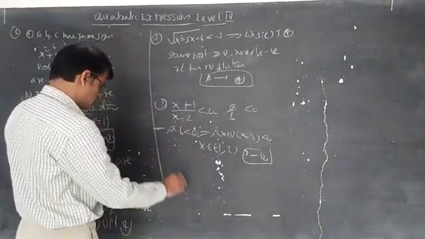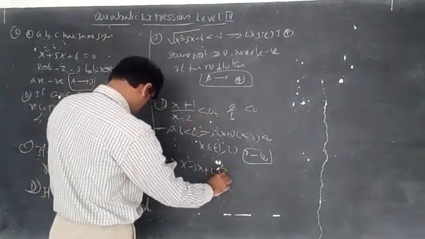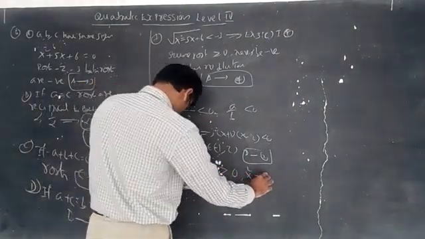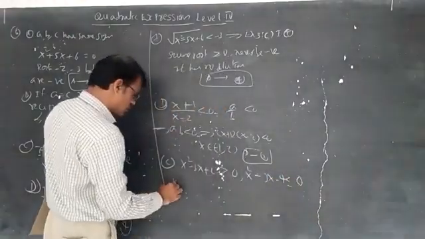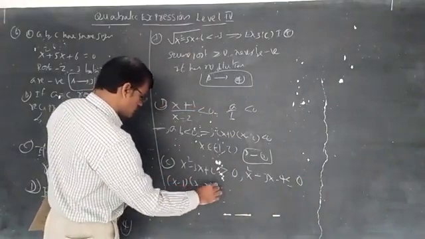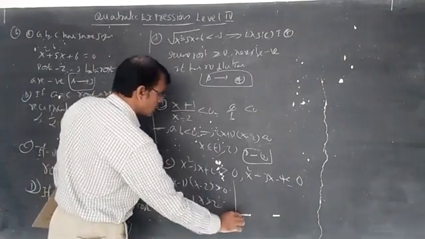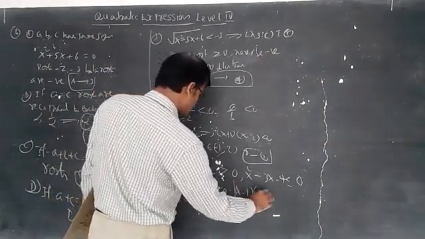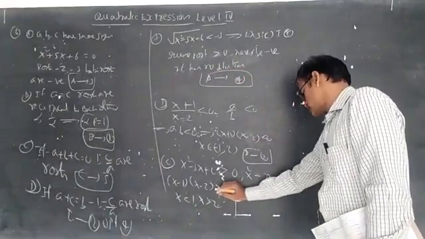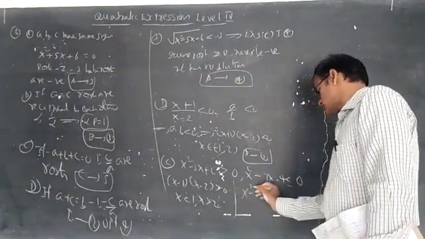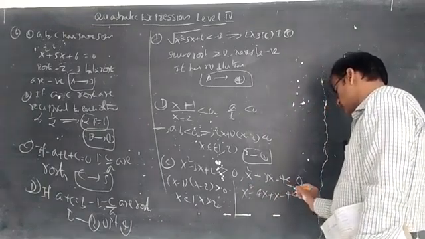So let us discuss c. x square minus 3x plus 2 greater than 0, comma x square minus 3x minus 4 less than or equal to 0. I think we know that (x minus 1) into (x minus 2) greater than 0. So x less than 1, x greater than 2. Now x square minus 4x plus x minus 4 less than or equal to 0.